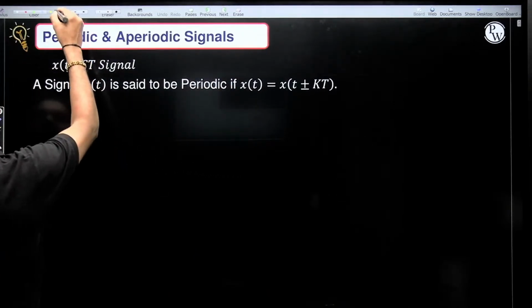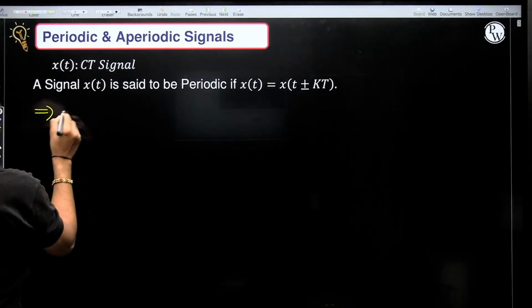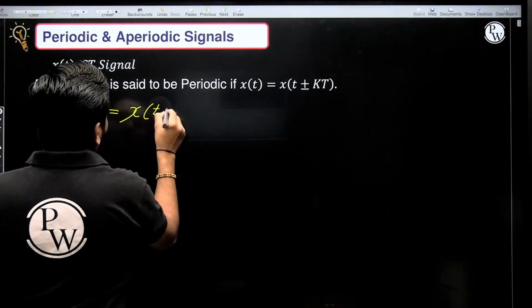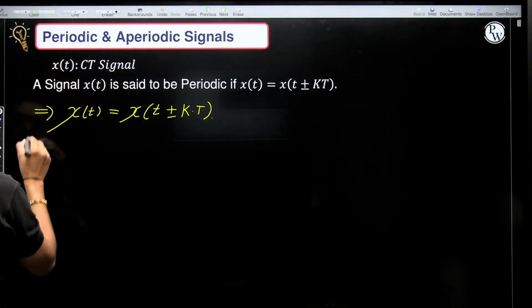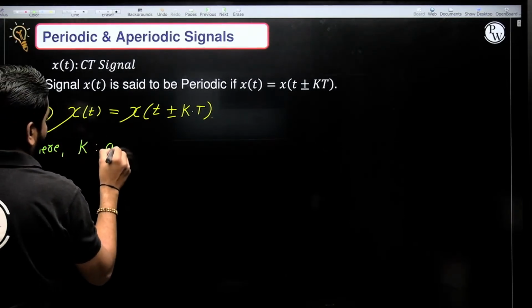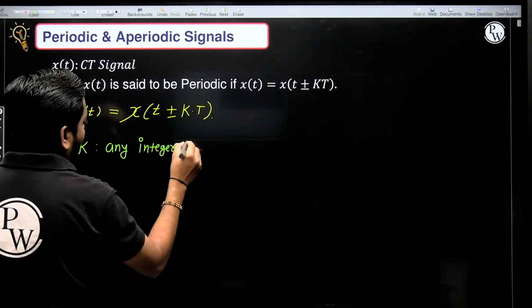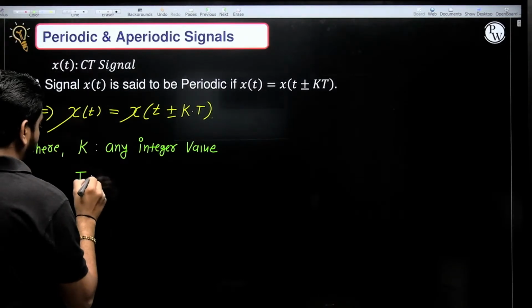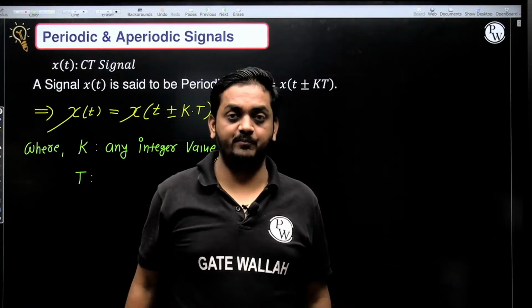Okay, where x of t equal to x of t plus or minus k into capital T, where k is any integer value, integer only, okay, any integer, and capital T is known as the periodicity, or we can say the fundamental time period, or period for one cycle.